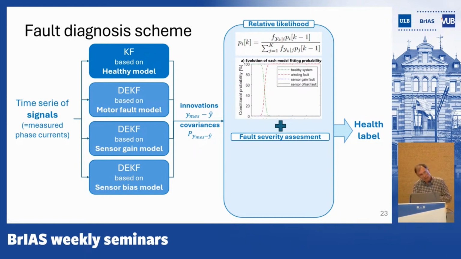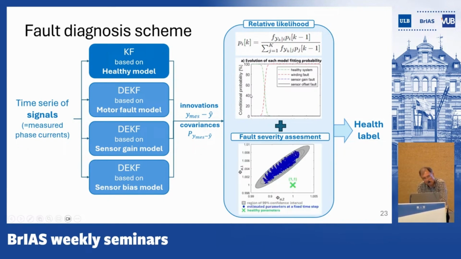And so, for instance, in this case, we are starting from a healthy situation, so we are initializing our likelihood to the healthy case. And then we are seeing that the likelihood for the winding fault is appearing because the data correspond to a winding fault.